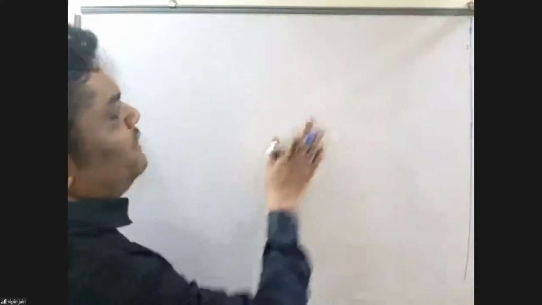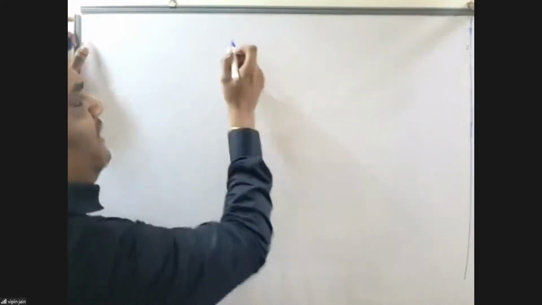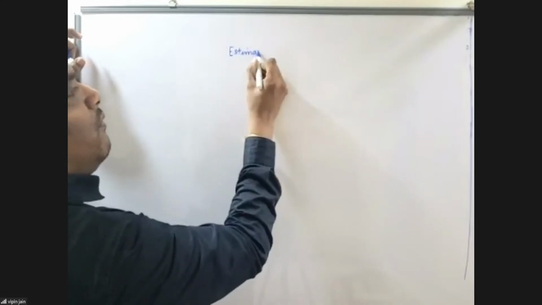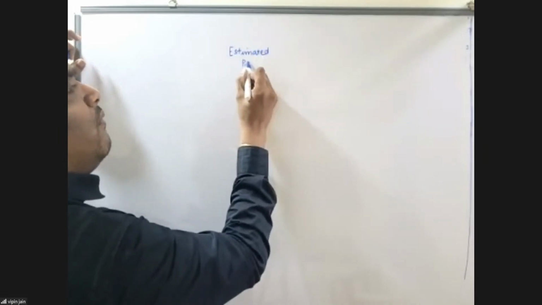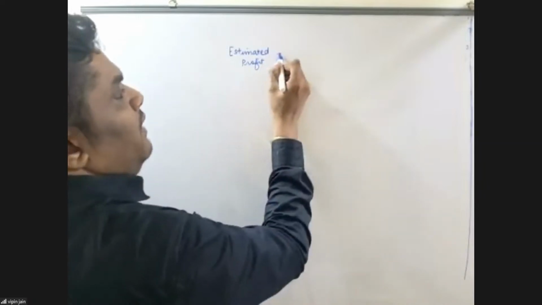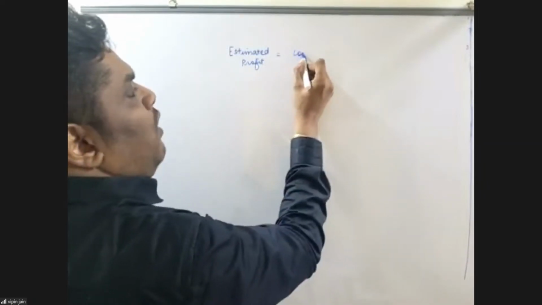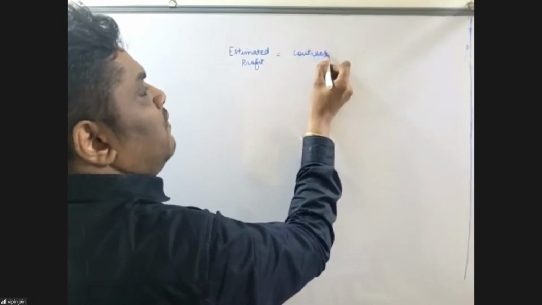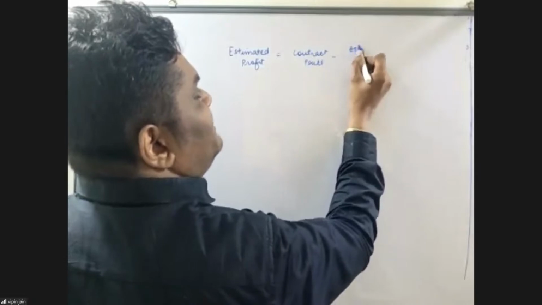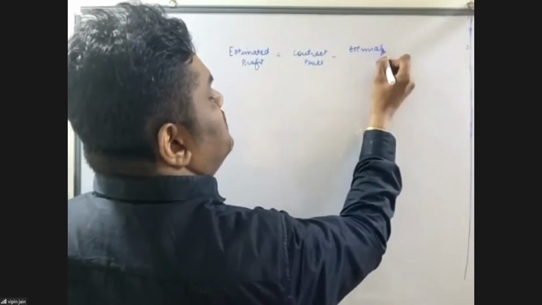Now let's start with the next part, wherein sometimes the examiner asks you to calculate estimated profit. Estimated profit means the contract price minus estimated total cost.